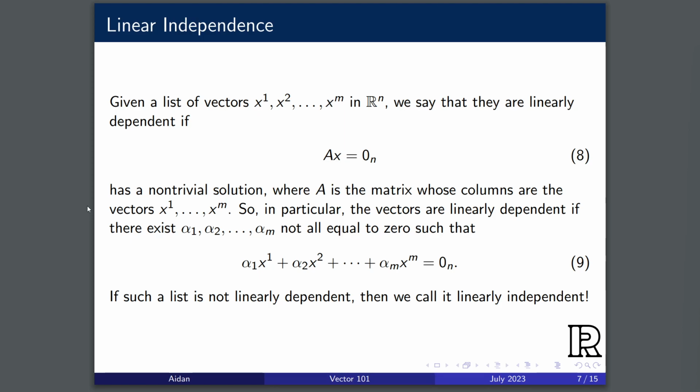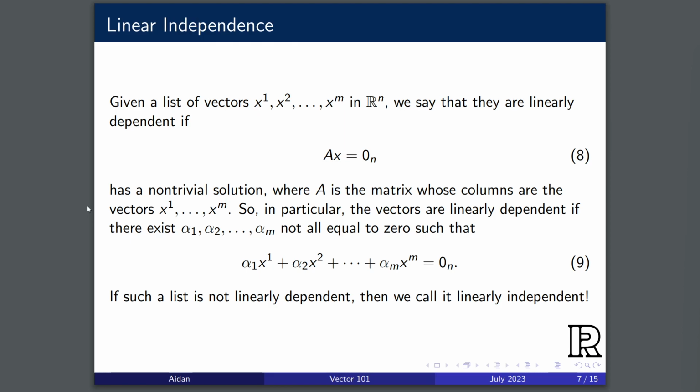So we first need to talk about this idea called linear independence, which I have not mentioned before. If we have a list of vectors that are all the same size, we say that they are linearly dependent, so not independent, dependent, if when you make the matrix whose columns are those vectors, then the null space problem has a non-trivial solution.